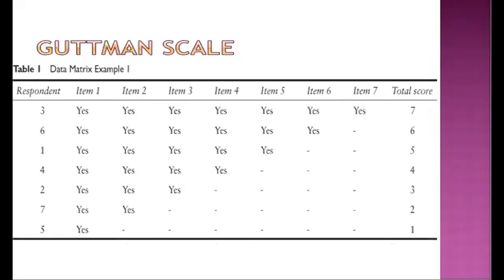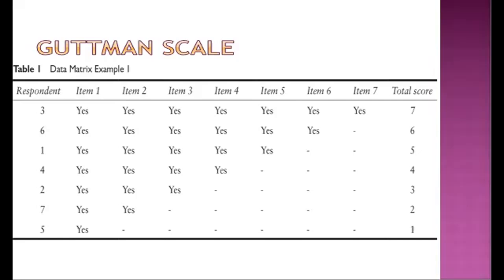Next is the Guttman scale. It determines who agrees with an item. And then for those agreements that the respondents indicated on their questionnaire, it will be recorded. You could record it for the first participant who has a number of items with an agreement.